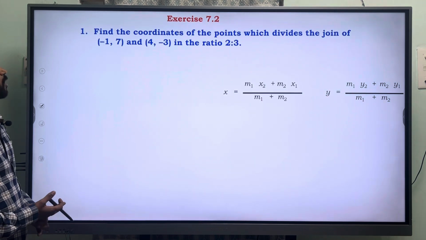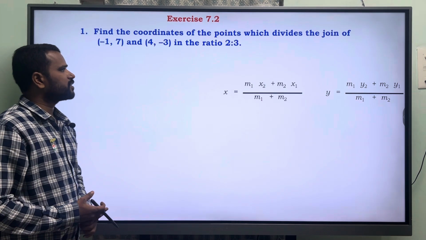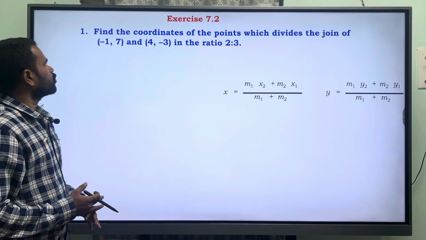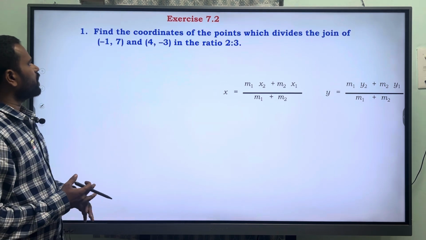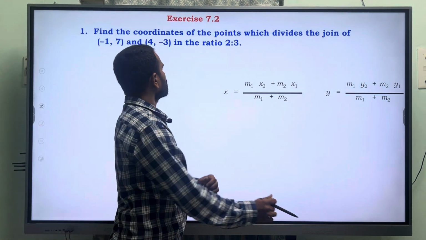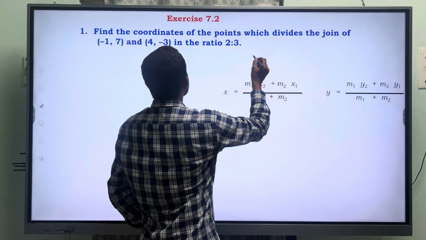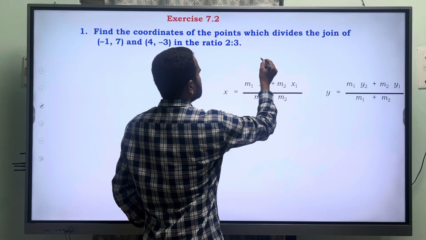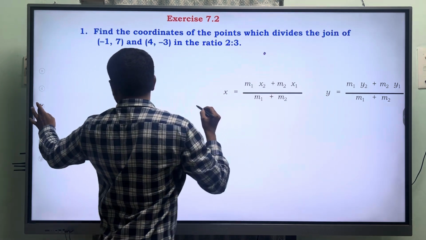See here the first problem: find the coordinates of the point which divides the join of (minus 1, 7) and (4, minus 3) in the ratio 2 is to 3.